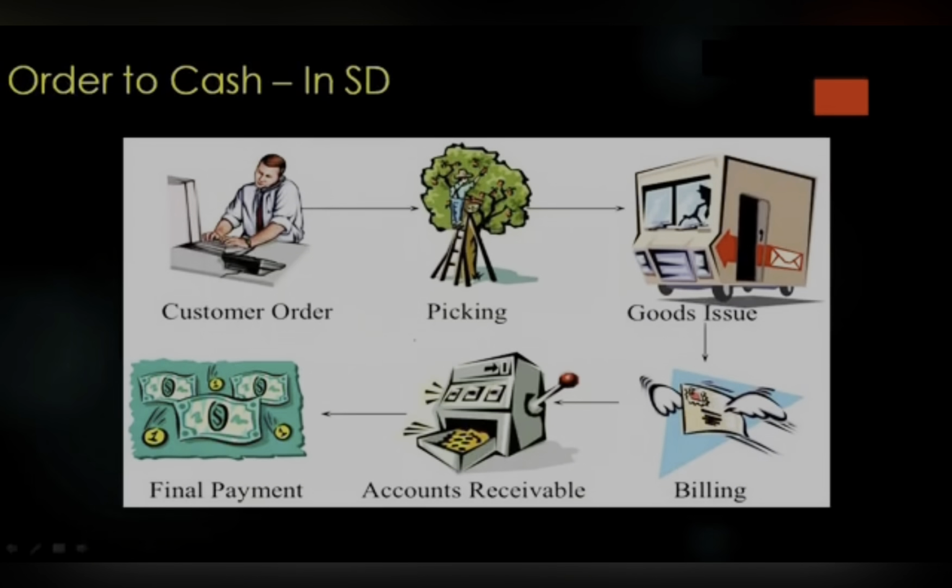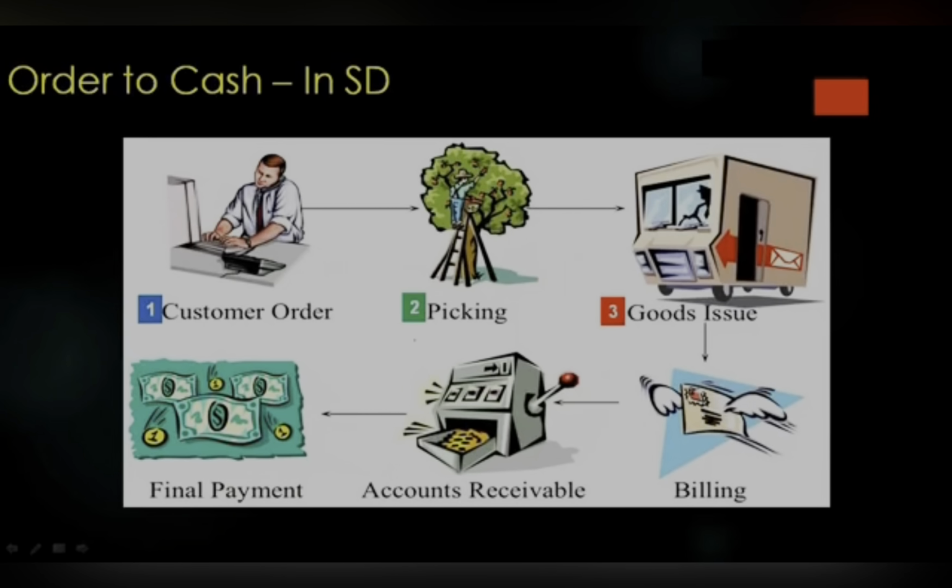Now let us discuss the same thing, order to cash, from SAP SD only. First, your customer will place a sales order and we receive it. Second, the goods will be ready for pickup and will be picked up for delivery to the customer. Third, goods will be issued to the customer.